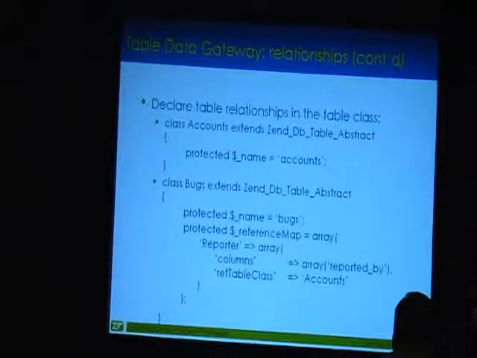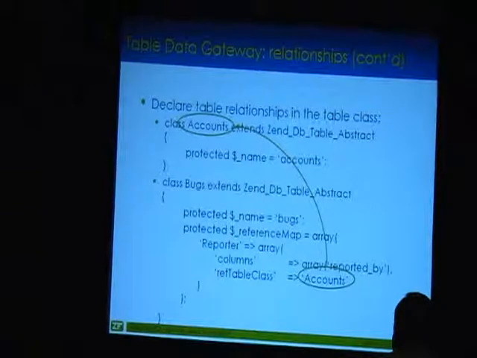And you declare this further syntax, which I call reference map. And that gives you the ability to specify the columns in the dependent table, bugs, and the class that it references. You use the class name, so it knows to look up that object in your library of table classes, and looks up the relationship that way.